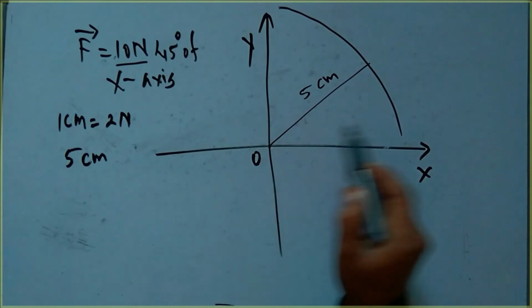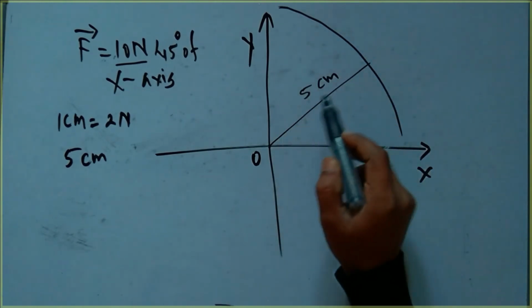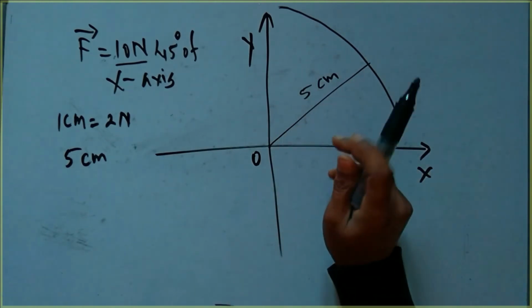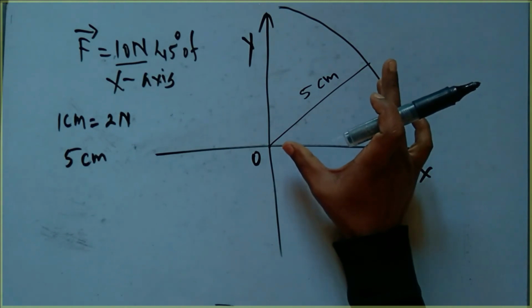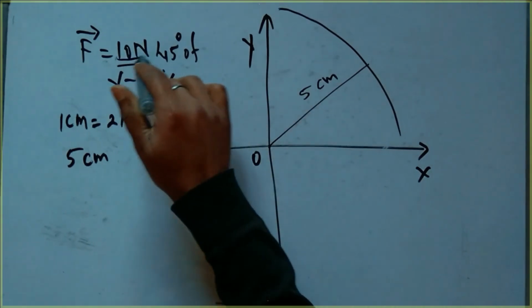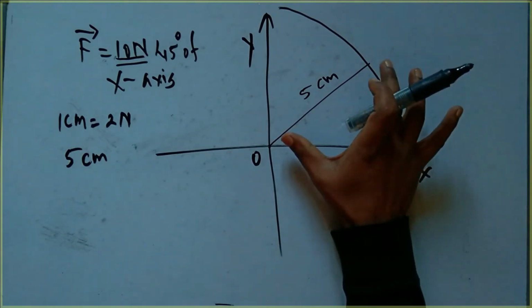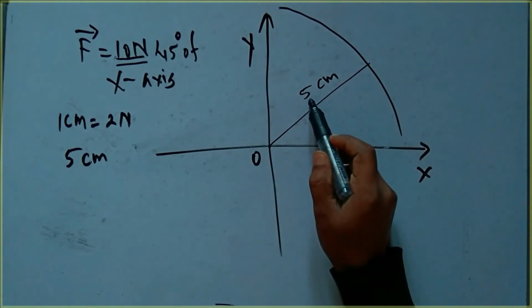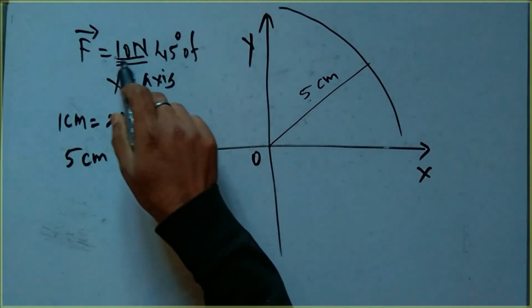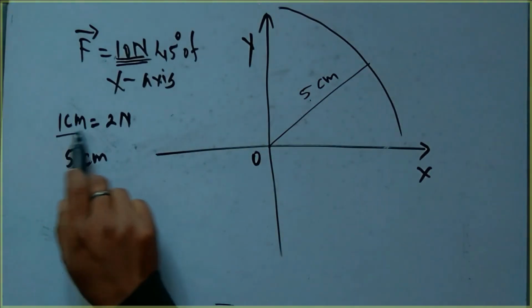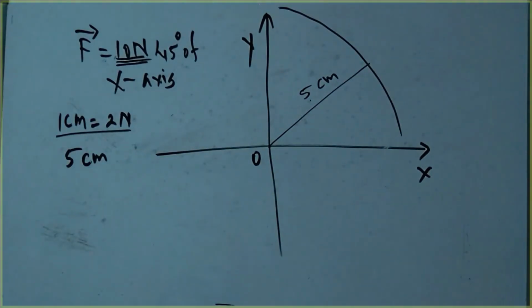From this point to any point on the arc, it is always 5 centimeter. So this is our magnitude, 10 Newton represented by 5 centimeter on the graph. Now this 5 centimeter is proportional to 10 Newton because 1 centimeter is equal to 2 Newton.